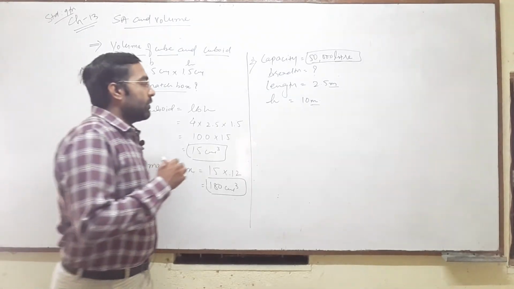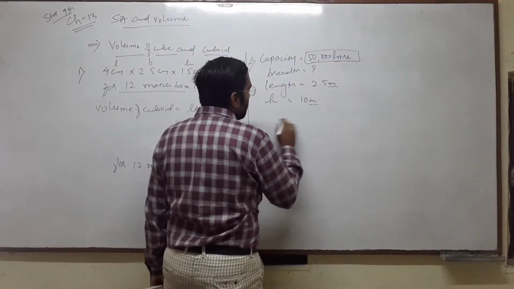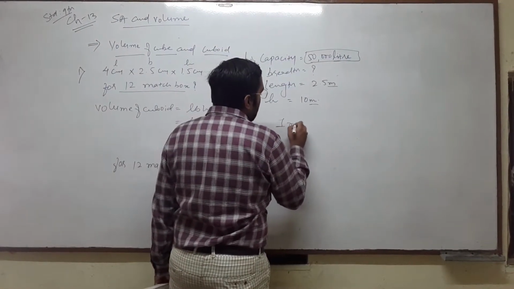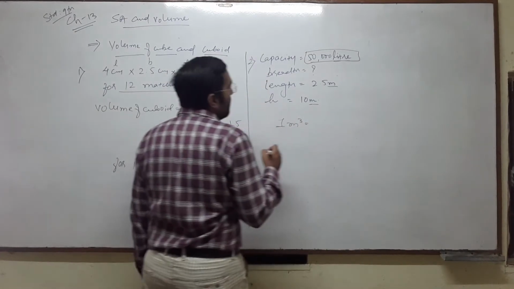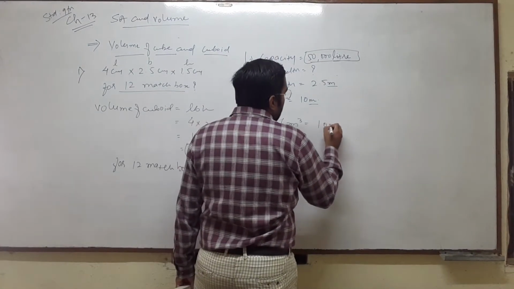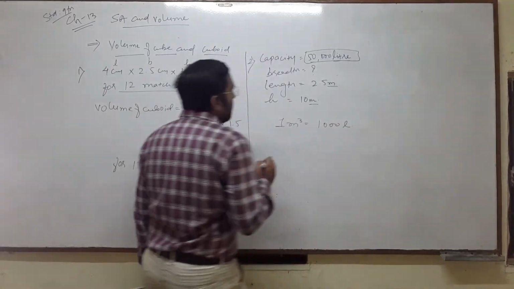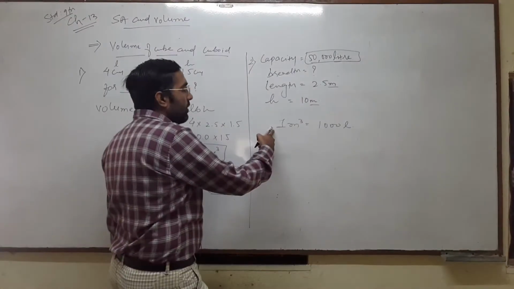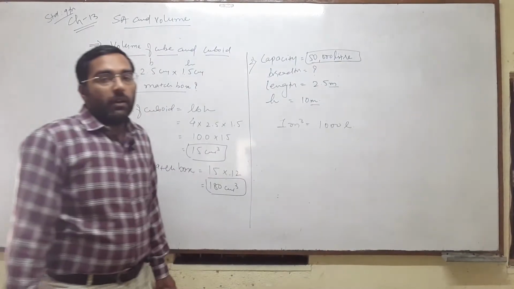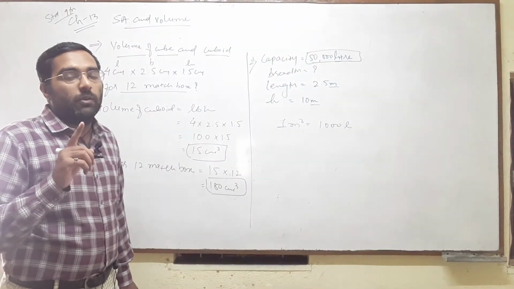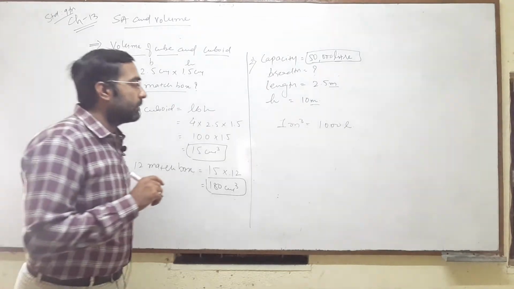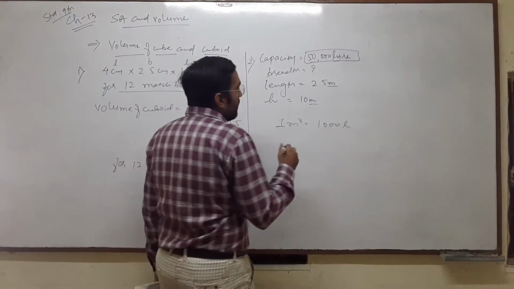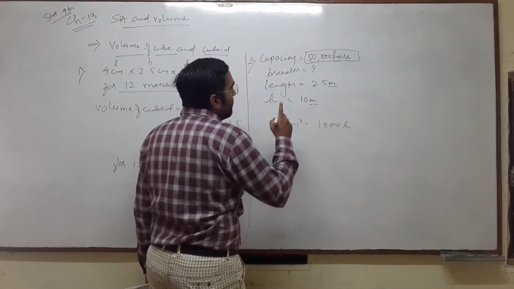Okay, so 1 meter cube is equal to 1000 liter. Okay, students, please note down this. 1 meter cube is always equal to 1000 liter. Always take 1000 liter.